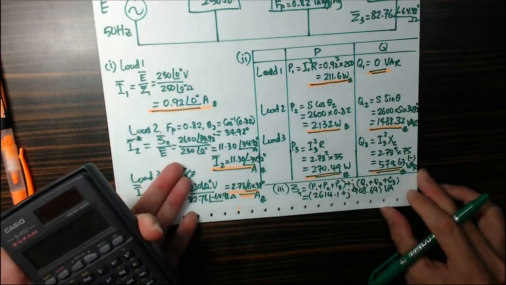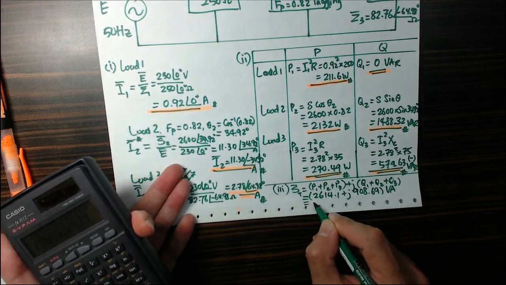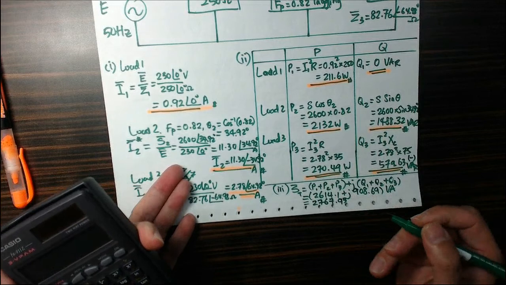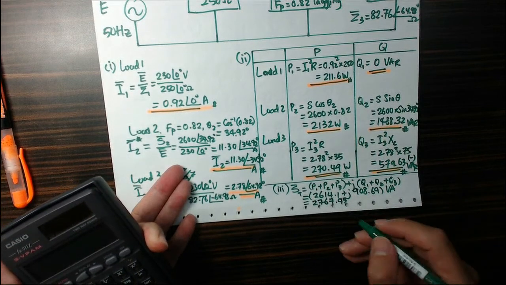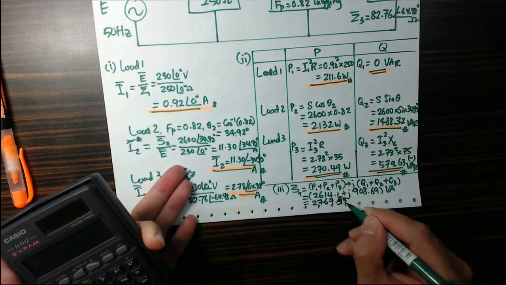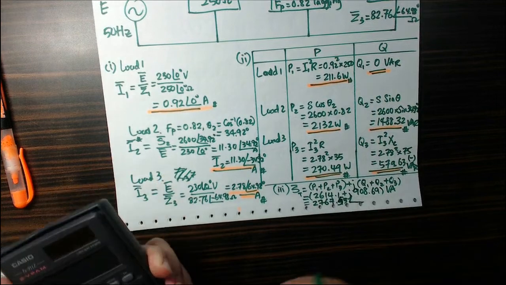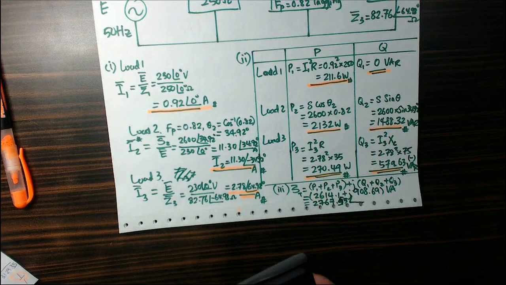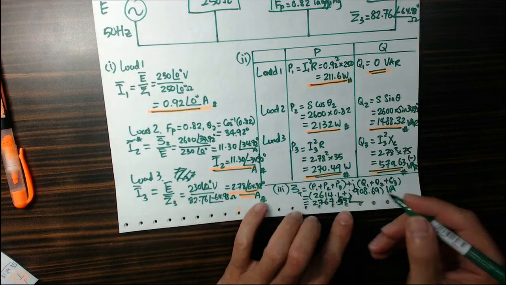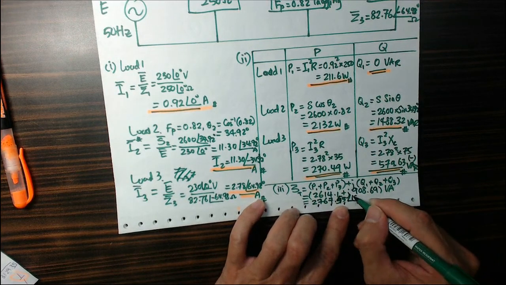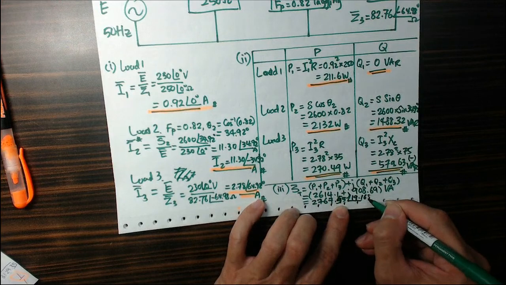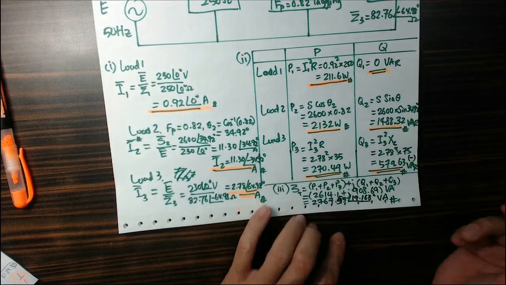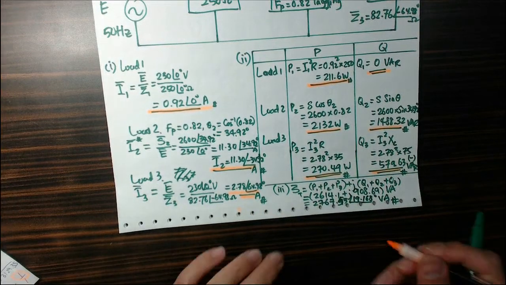Sorry, it's 2767.53, with an angle of 19.168 degrees VA. Okay, so that's my apparent power.